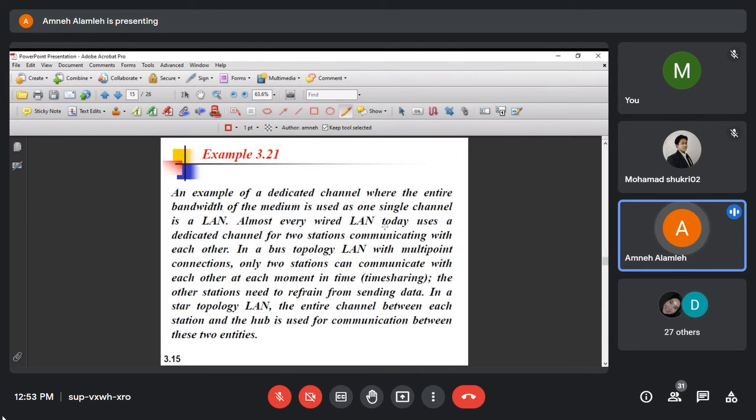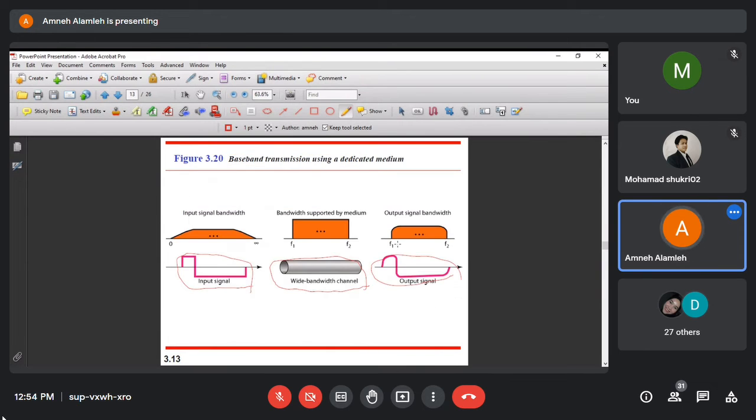Almost every wired LAN today uses a dedicated channel for two stations' communications, like two computers with a wire representing this dedicated channel, which can transmit the digital signal without any conversion.